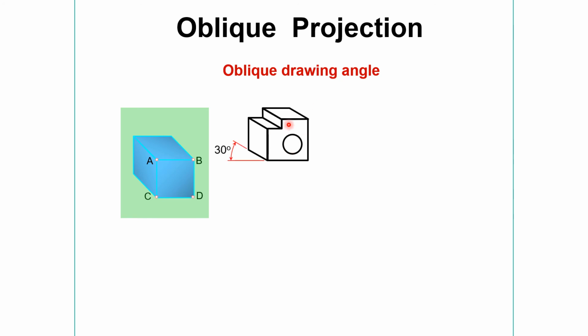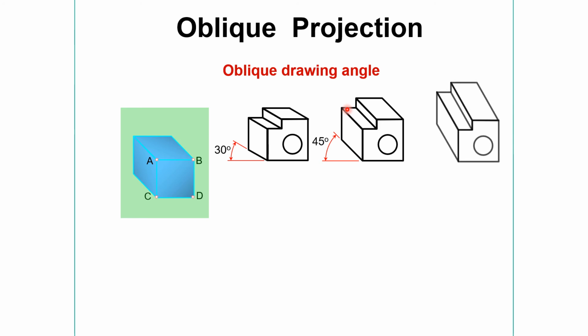The front view looks the same as the object shape and size, but the third dimension is not the actual dimension. Here it is 30 degrees projected backward, here 45 degrees projected backward, 60 degrees projected. So 45 degrees looks good.